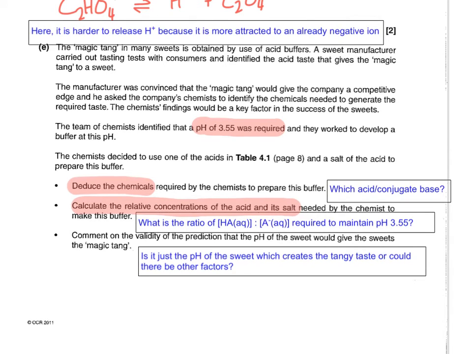And the third question is asking you to consider, is it just the pH of the sweet which creates the tangy taste, or could there be something else that's also contributing? So let's turn the page over to the answer section and see what we can come up with.